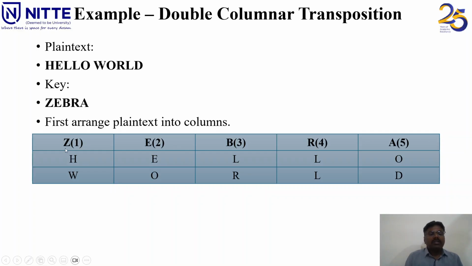I'll give the numbers: Z is 1, E is 2, B is 3, R is 4, and A is 5. I'll represent the first 5 elements of the given plain text in the very first row of 5 columns. The remaining 5 letters I will represent in the second row.